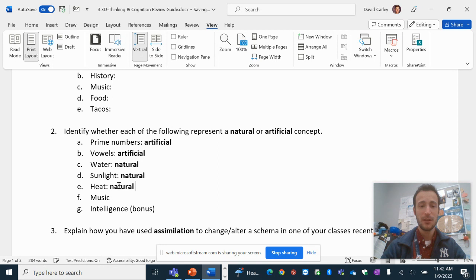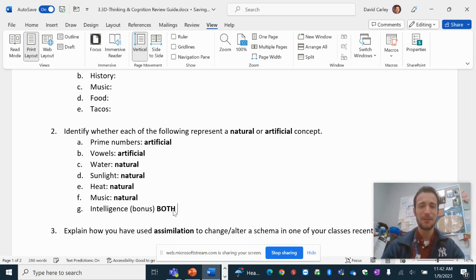You experience it. Music is a tough one. There's obviously musical theory and musical genres that people agree upon, but I think music itself is more of a natural concept. It's an experience. You kind of know it when you hear it. So it's natural.